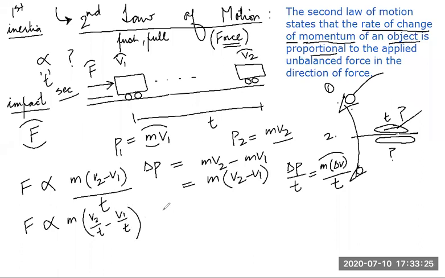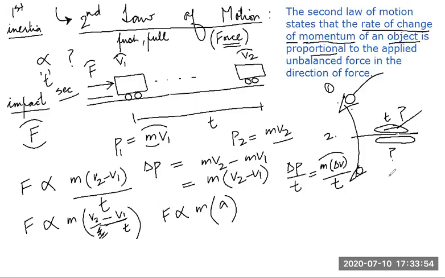Right? So you can say F is proportional to m into what? Now (v2 minus v1) by t, that is basically what? This is the change in velocity. You just take it as v2 minus v1 by t. This is delta v by t. Change in velocity by time is acceleration, right?